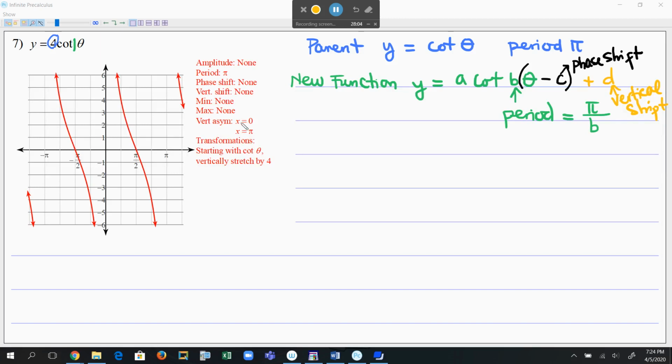And let's move on to the vertical asymptote. So from the graph, we can see right here that the vertical asymptotes are x equals 0, x equals pi for the positive input, and for the negative input, x equals negative pi.